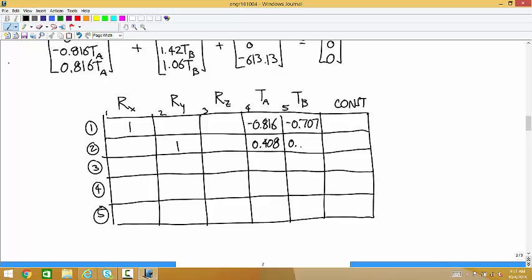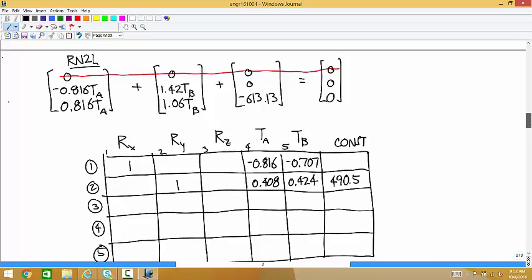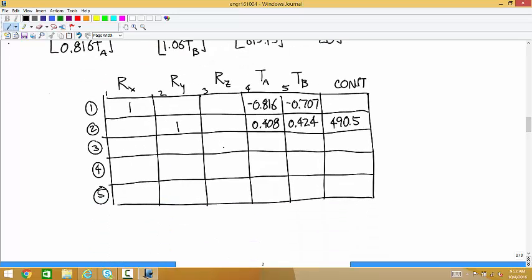TB we have 0.424. And the constant was 490.5. Then the third equation, RZs we have 1, TA 0.408, TB negative 0.566. So 1, 0.408, negative 0.566, and the constant is 0.